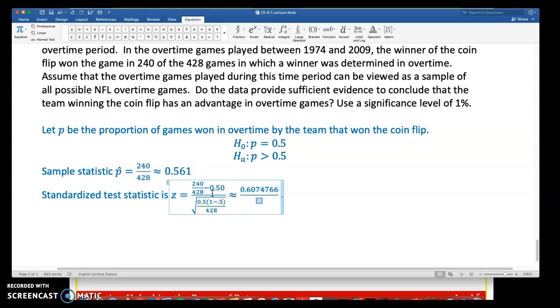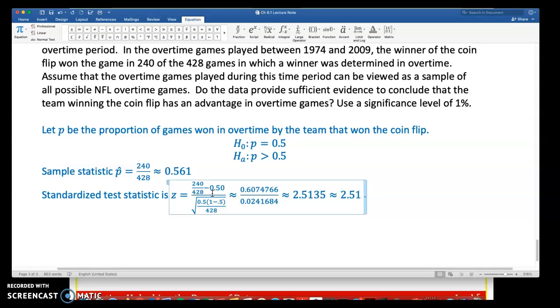And the denominator, I have the square root of 0.5 times 1 minus 0.5 divided by 428. And then I get to be 0.0241684 and so on. And keeping as many decimals as possible, I end up with 2.5135. And if we're going to 3 decimals, 2.514.